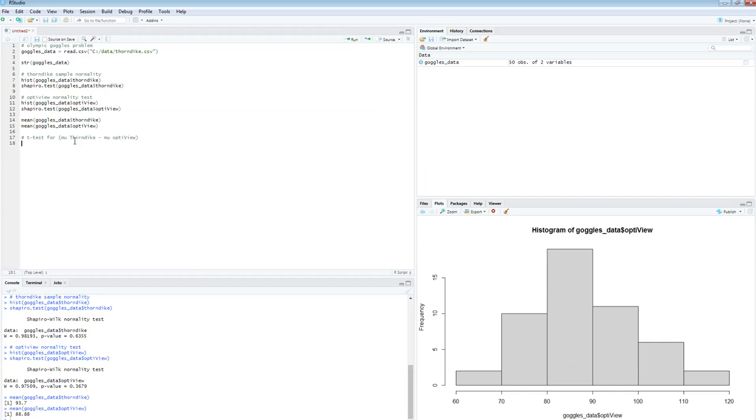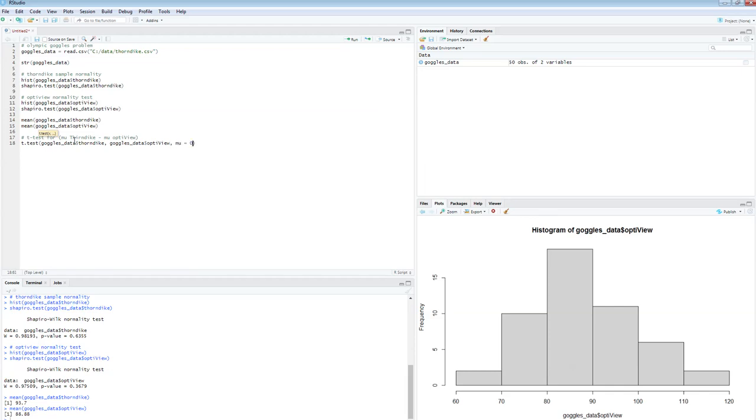All right, so I'm going to say t.test. The first one is Thorndike, so it comes from Google's data column Thorndike, comma, the second column is Google's data $ OptiView. The hypothesized difference mu1 minus mu2 is 0.